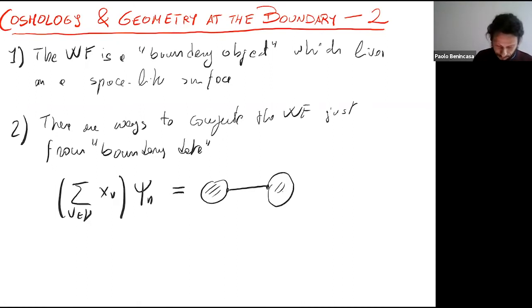And the price one pays is that when you cut an edge, you have to shift the energies of the vertices which were the endpoints of that edge. So this will be x_v plus y_e, and then here we have the sum over all the sets of the edges.